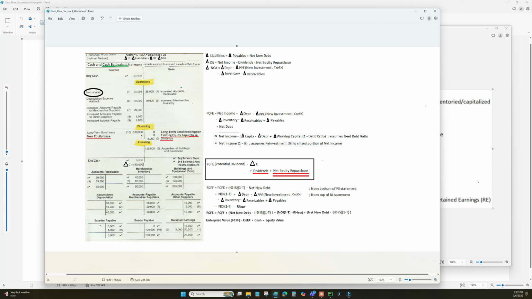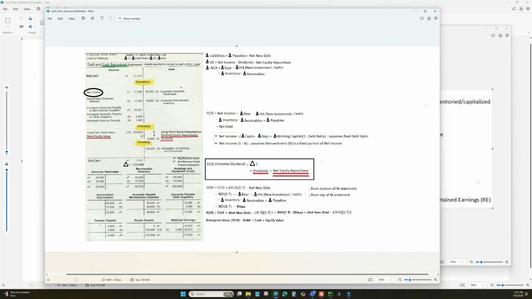So by adding them back in, you then get back to what you could potentially distribute to the equity holders, as opposed to what management decided to actually distribute.